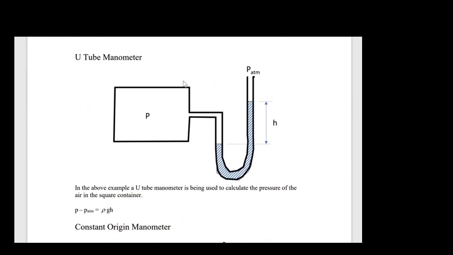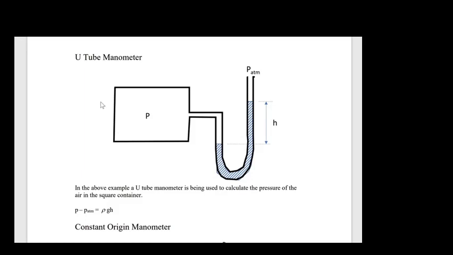A U-tube manometer uses the same concept. However, as the name suggests, rather than being a straight pressure tap, we've got a U-tube. Now, what does that enable us to do? Well, as the fluid moves around that tube, the position of that fluid will tell us the pressures the fluid is exposed to on this side of the U-tube and on this side of the U-tube.